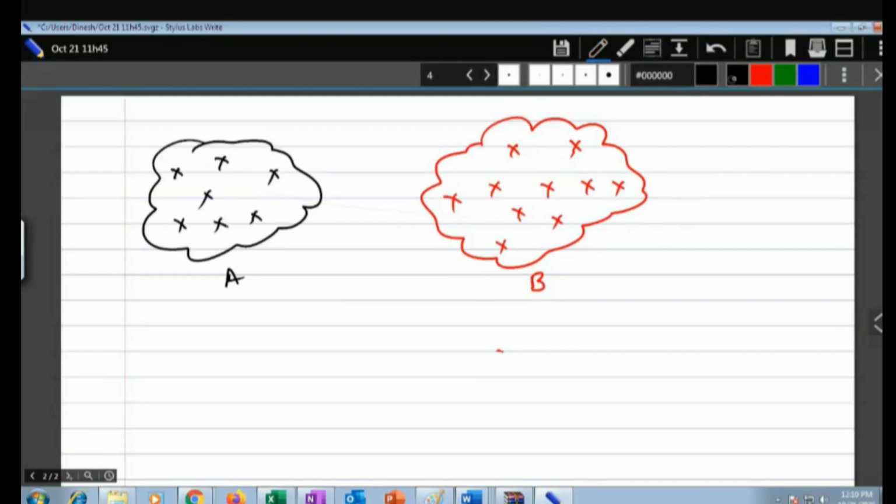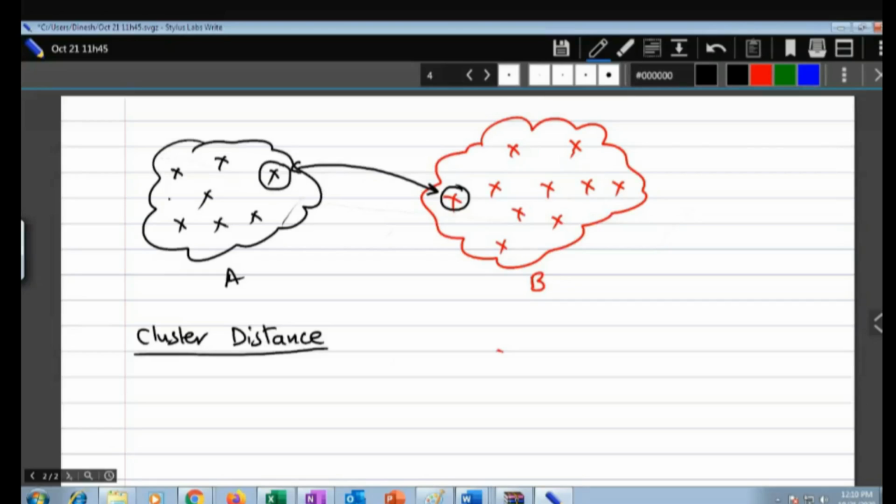When you want to find the distance between clusters, one thing you can do is choose this data point and this data point and find the distance between them, because they are the closest to each other.